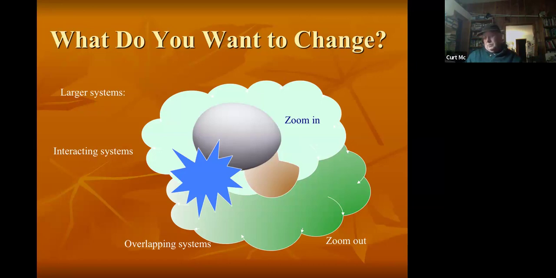What is a situation that you're working on or interested in or engaged in? And in particular, what would you like to change about it? What would you like to change about either the larger systems and the way you interact with them, or how the systems in the situation are interacting themselves?